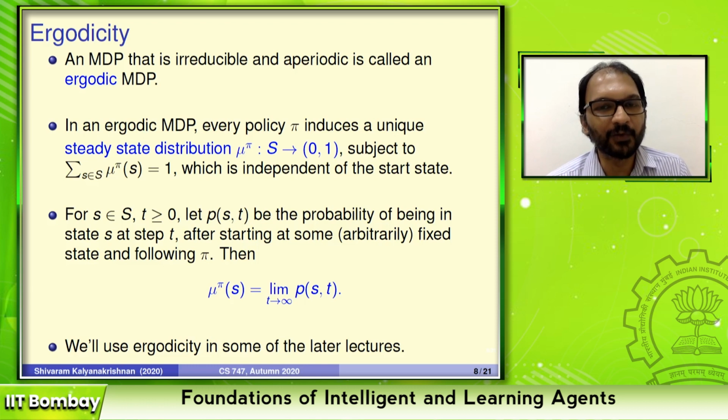And therefore, it will follow that the MDP is also ergodic. It will have a steady state distribution. Steady state distribution is something that comes quite often in slightly more complex settings in which we will study MDPs.